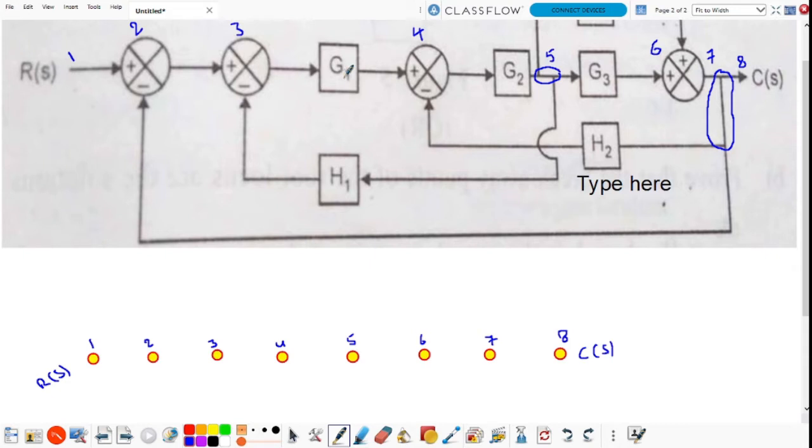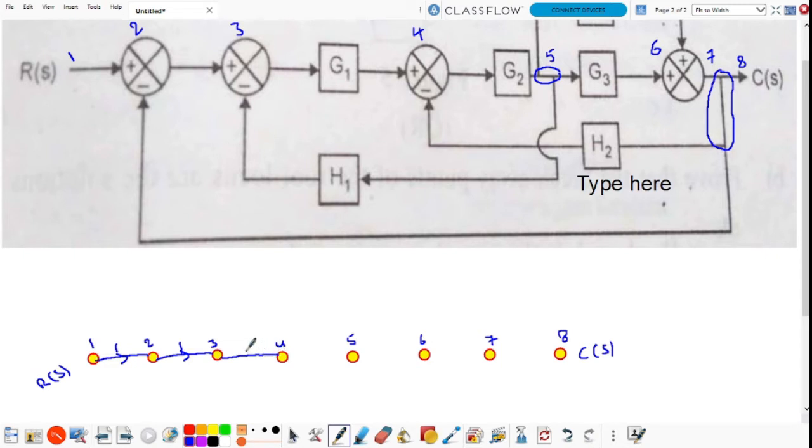From node 1 to node 2, the branch gain is 1. Node 2 to node 3, the branch gain is 1. Node 3 to node 4, the branch gain is the system block, which is represented as a branch gain.